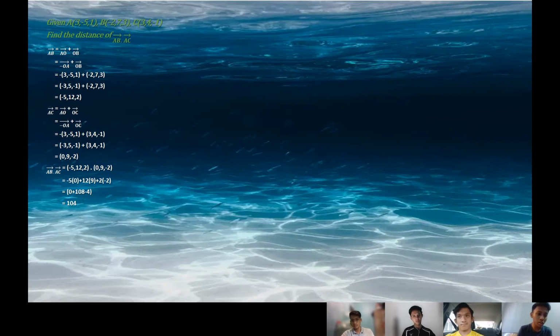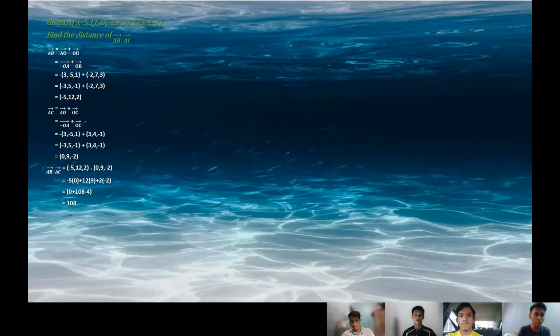And lastly, we can find the distance of AB and AC. AB multiply AC equals -5, 12, 2 multiply 0, 9, -2. So we get -5 multiply 0 equals 0, 12 multiply 9 equals 108, and 2 multiply -2 equals -4.